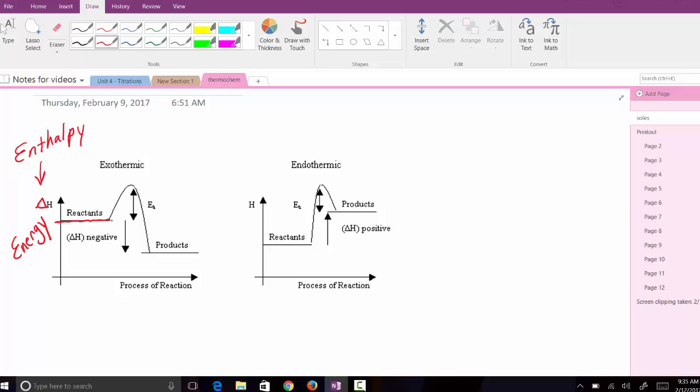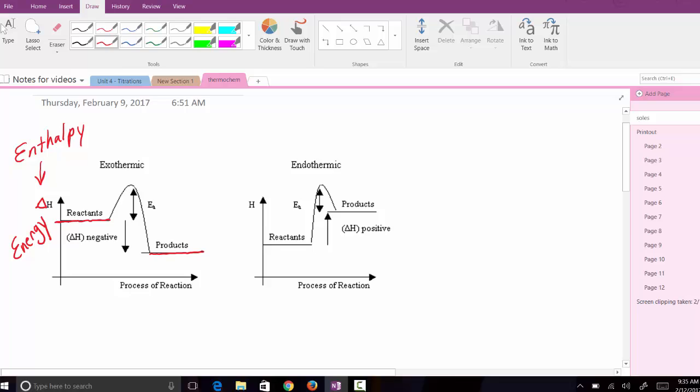Okay, so this is showing the energy of the reactants, and that is the energy that is tied up within the bonds of our reactant molecules. And then likewise, down here, this represents the energy of the products.